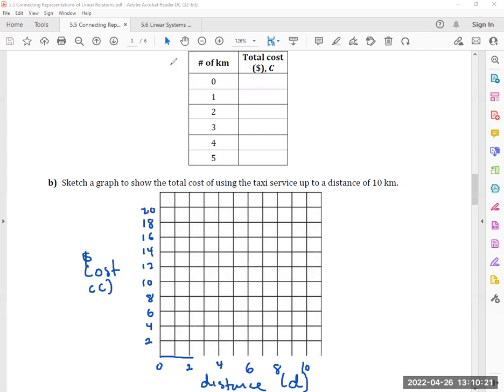Now, if we were to follow suit, I'll do it in orange. 0 kilometers, $5. 1 kilometer, $7. 2 kilometers, $9, and so forth. My graph would look like this. Like that.